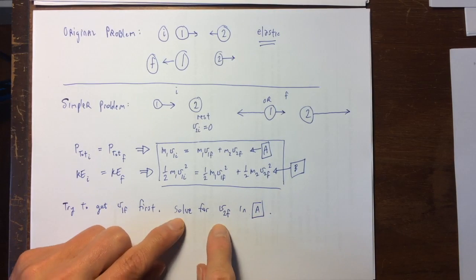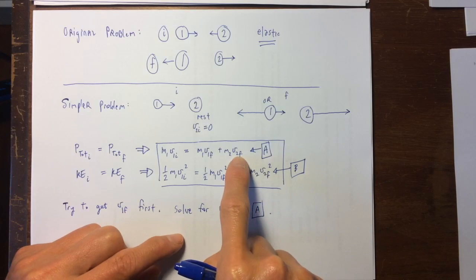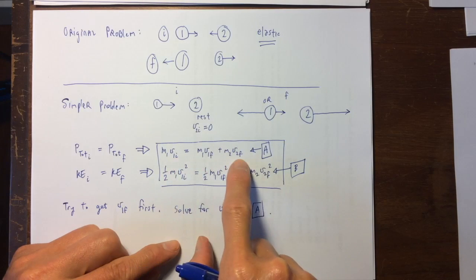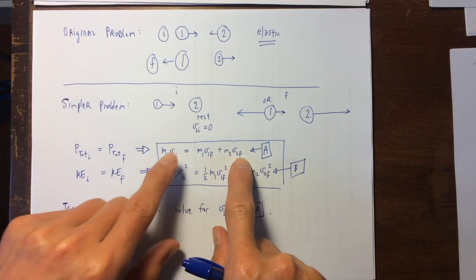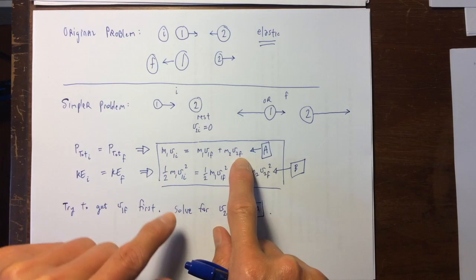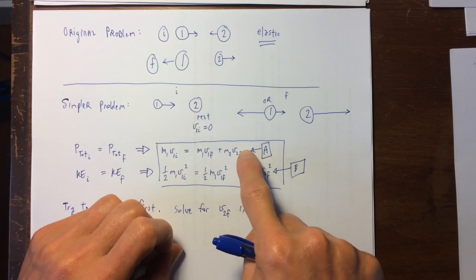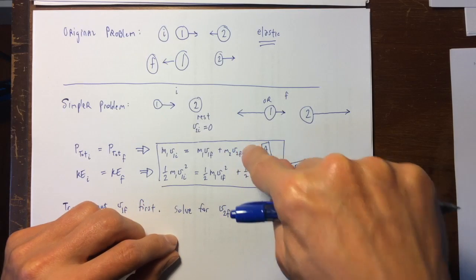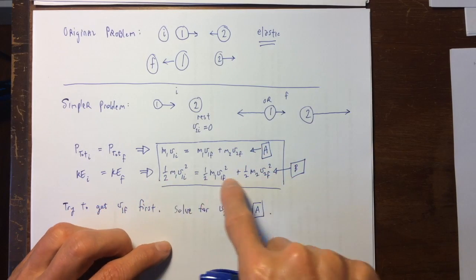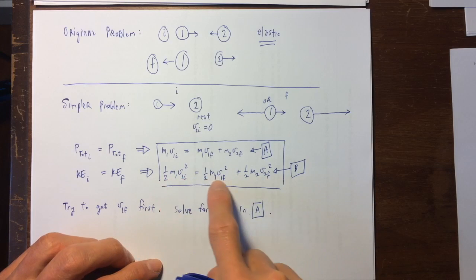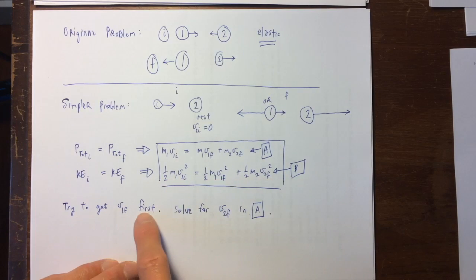And the reason I'm going to do that is if I get V2 final, pretty easy, right? In A you can get V2 final in terms of V1 final, V1 initial, and all the masses. I can take that V2 final and square it and put it in there, and then the second relationship will be all about V1 final, which is our goal.